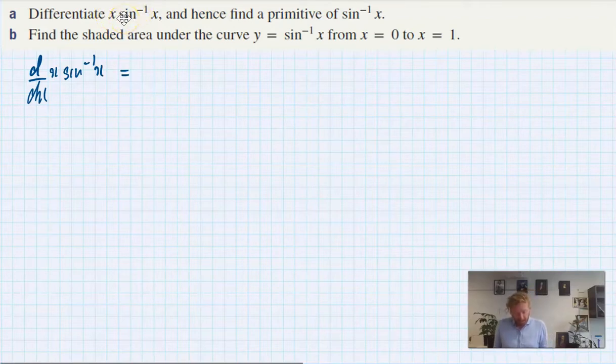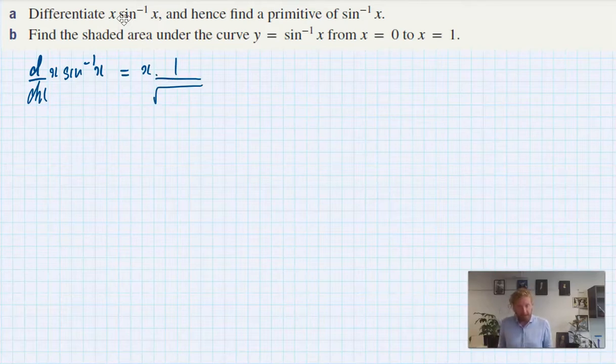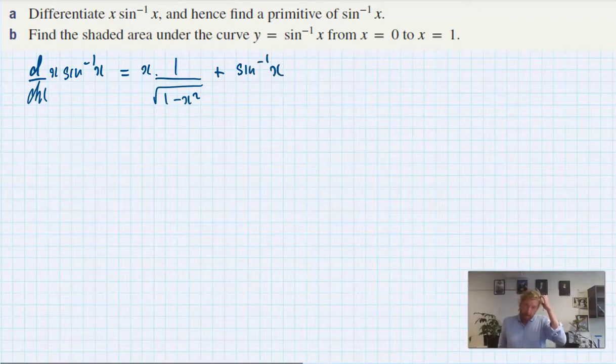So I've got x times the derivative of sine inverse x, which is 1 on square root of 1 minus x squared, and then I add on the old one and differentiate the other: sine inverse x.